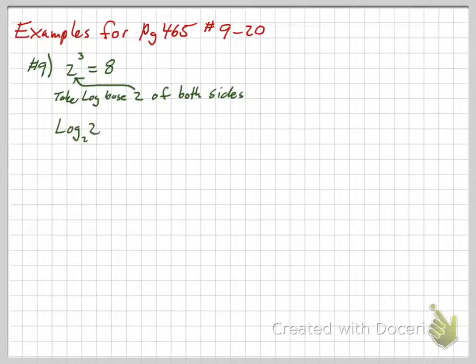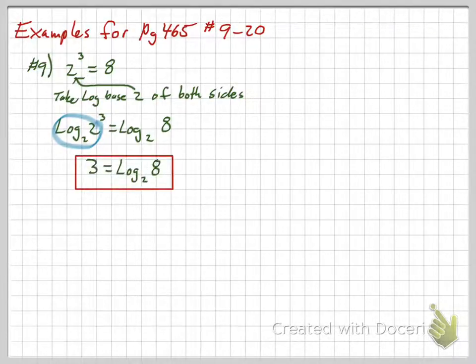I'm going to take a logarithm of the right side of the equation and the left side of the equation. We wisely chose log base 2. So on one side, I can use that inverse operation, and that side just becomes 3. So I converted my exponential expression into a logarithmic expression, and that's really all you need to do.